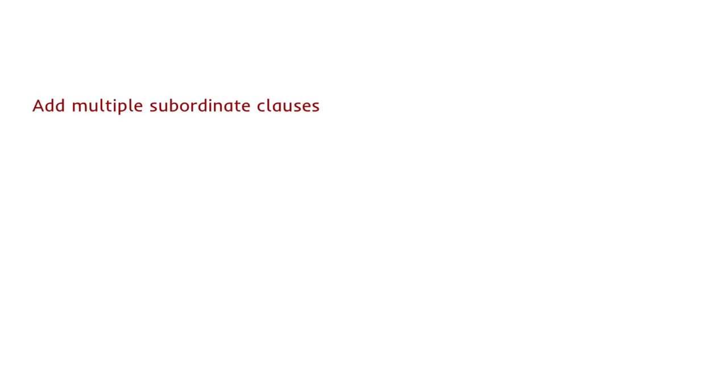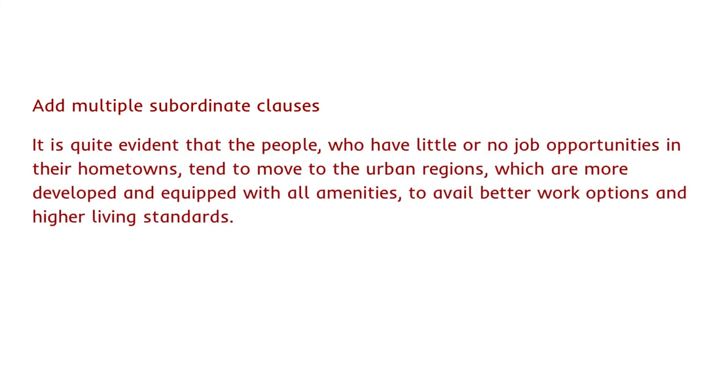Another way is you can add multiple subordinate clauses. For example, in the relative clause, we added just one option. In multiple subordinate clauses, you can add other details too.